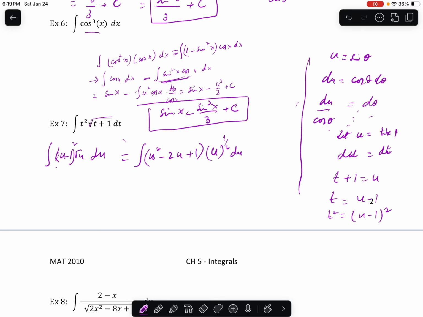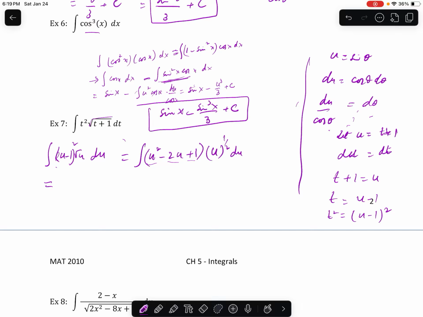Now this became much simpler. We multiply by u to the 1/2 with each of these three terms.